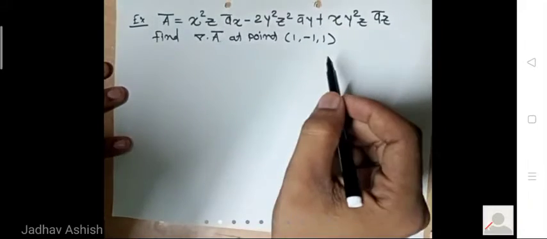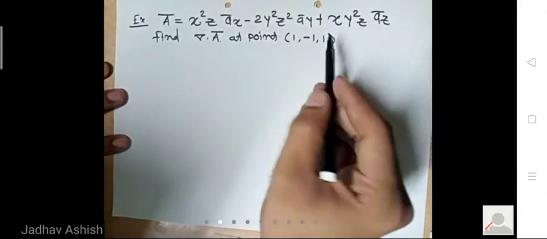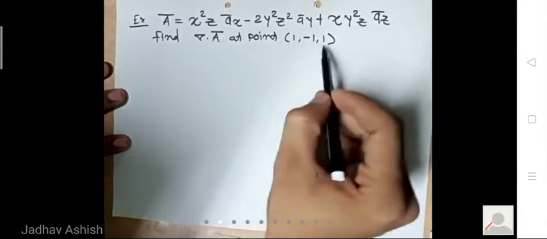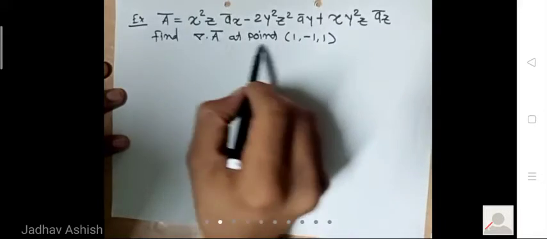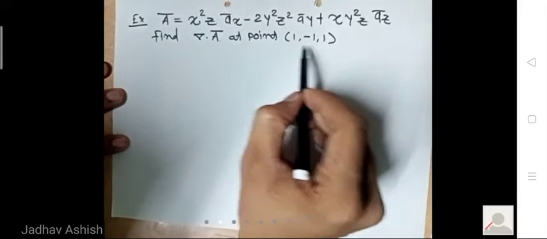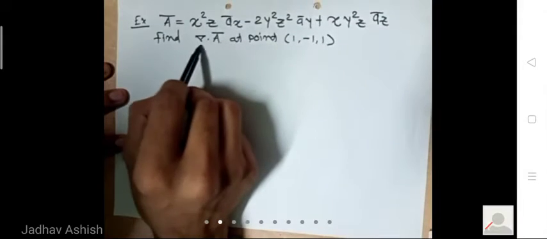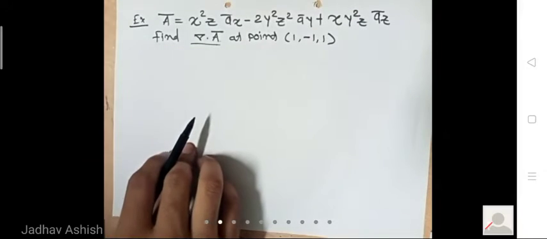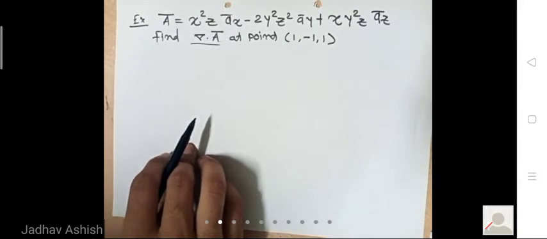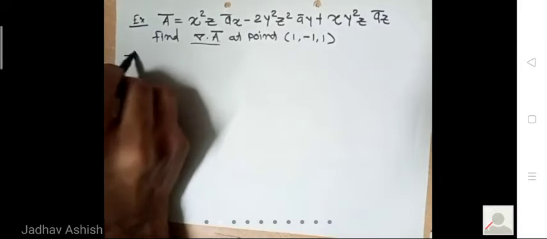So the point is specified. So at the end you will have to put the value of those coordinates x, y, z into the final expression and you will get the answer. So we will think about this afterwards. But before that, let us find out this divergence of A. You know the definition of divergence of A. What is that?